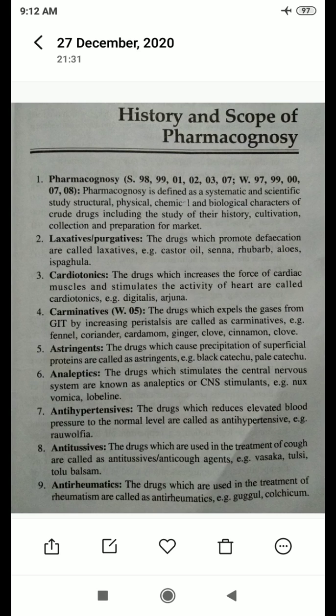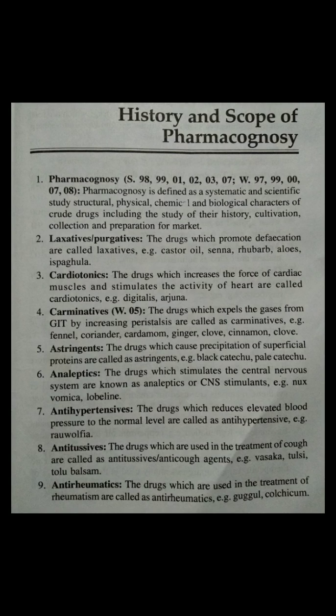These definitions we have seen in the previous lecture. This part again I will revise.